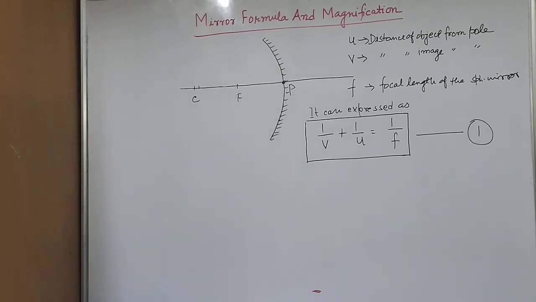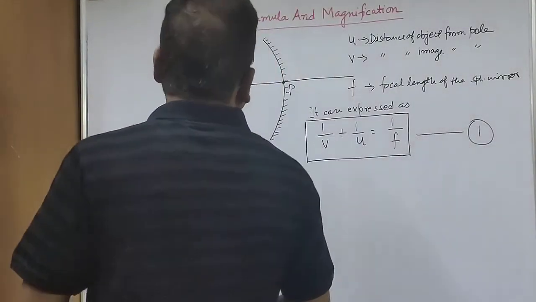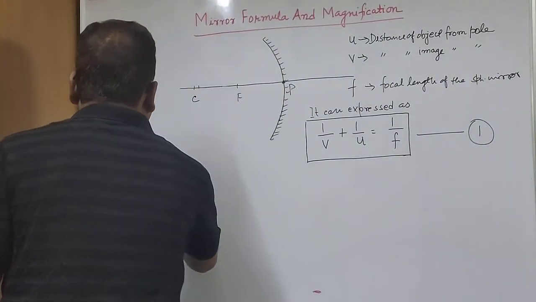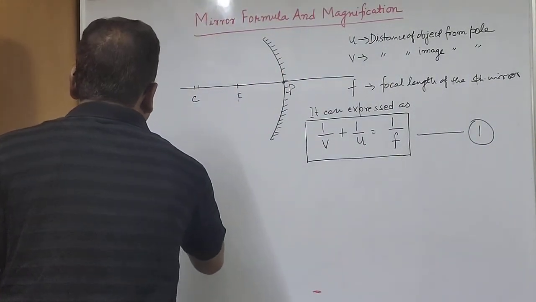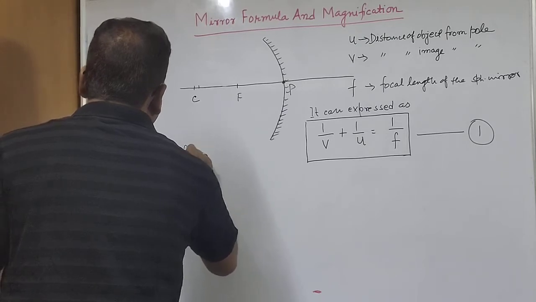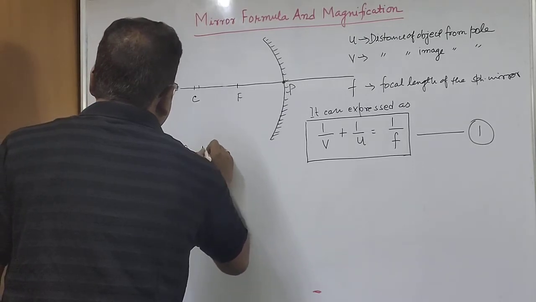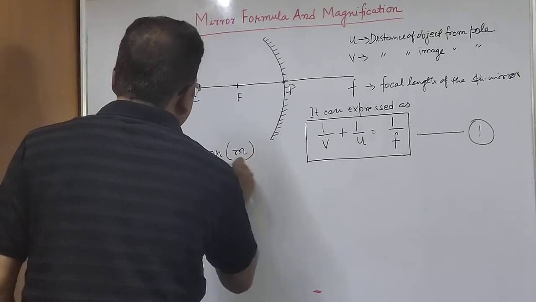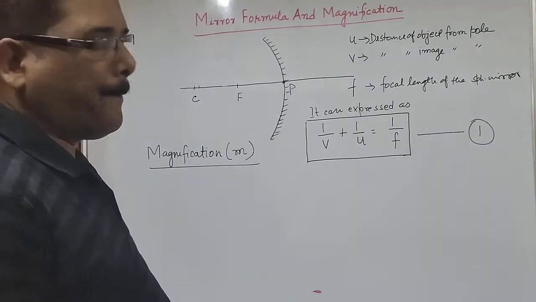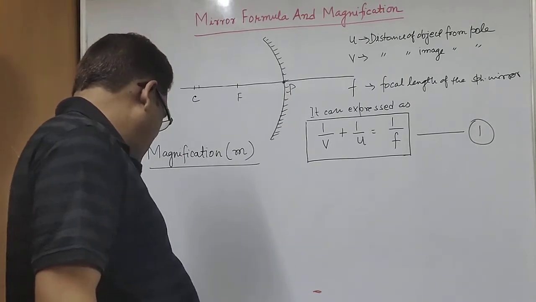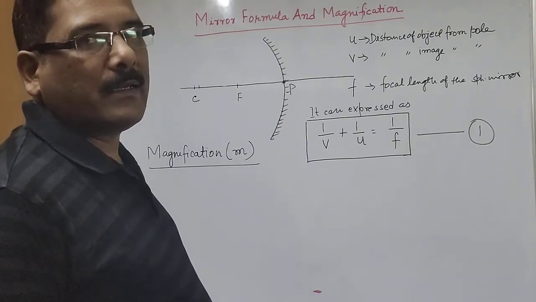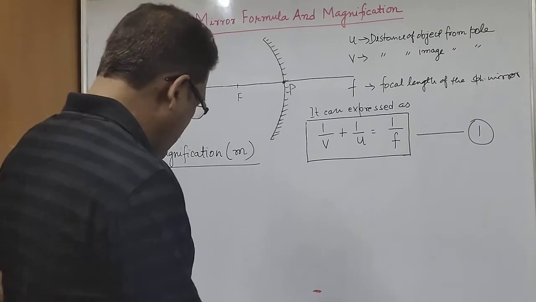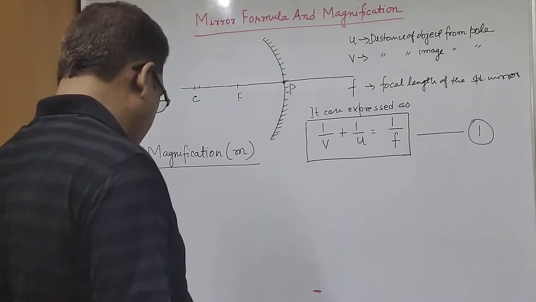Now, the next important term is magnification. The symbol for magnification is m. So what is the meaning of magnification?